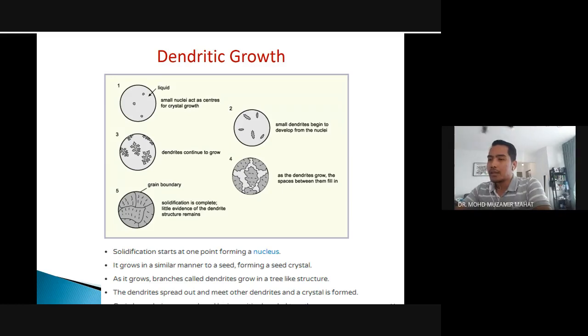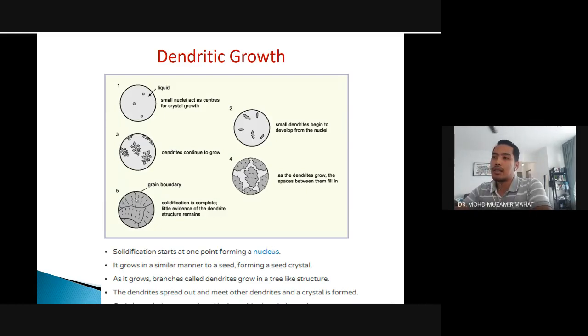Okay, as the explanation about number 3, at its growth, branches called dendrites grow in a tree-like structure. Then the dendrites spread out and meet other dendrites and a crystal forms. Grain boundaries are produced by impurities bonded together.